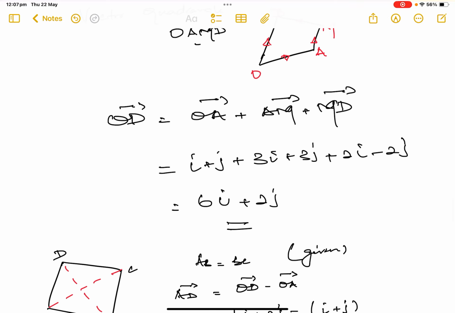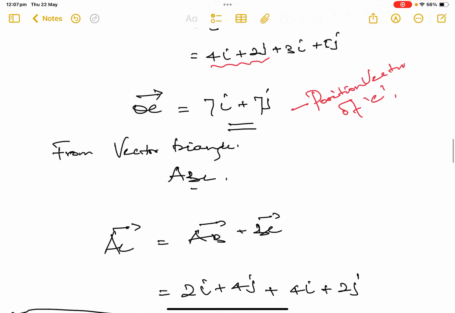Simplified, i plus 3i plus 2i is 6i, and j plus 3j minus 2j is 2j. So OD is 6i plus 2j. This is the position vector of D. That part is done.